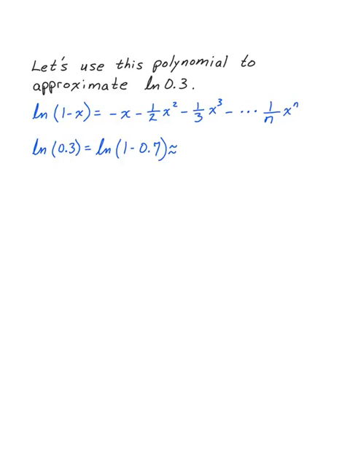All right, so substituting that in is going to give us negative 0.7 minus 1/2 times 0.7 squared minus 1/3 times 0.7 cubed, which comes out to approximately negative 1.059.